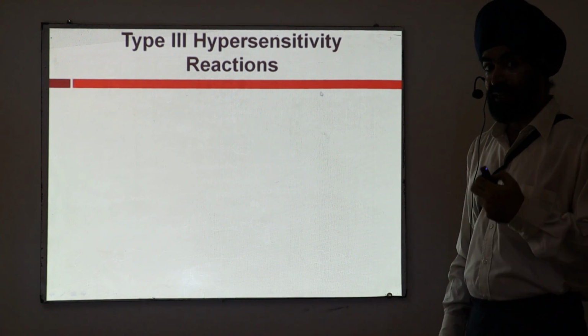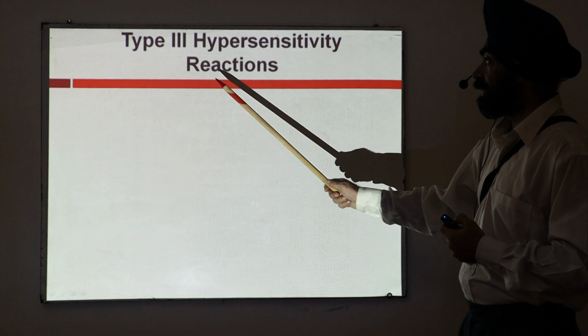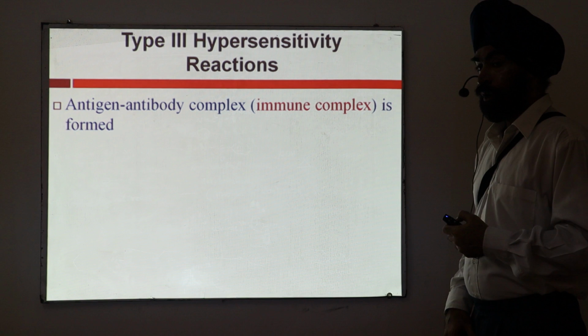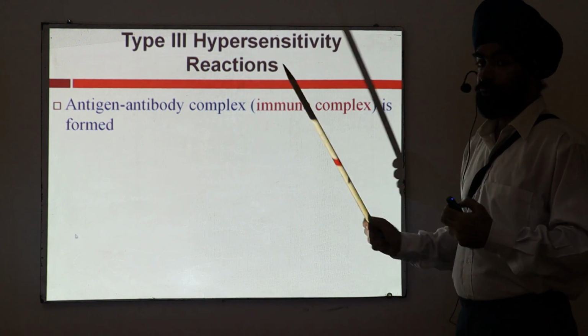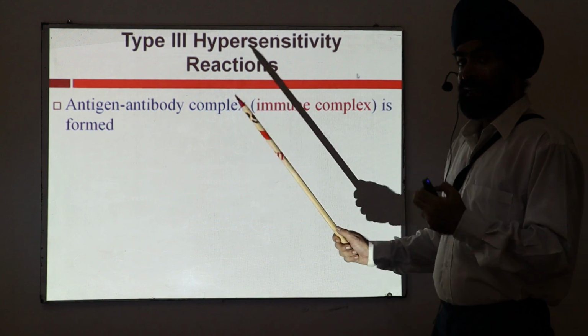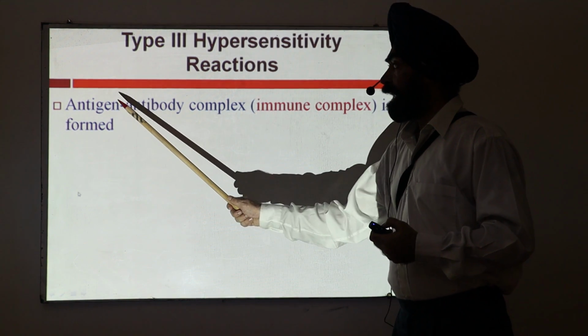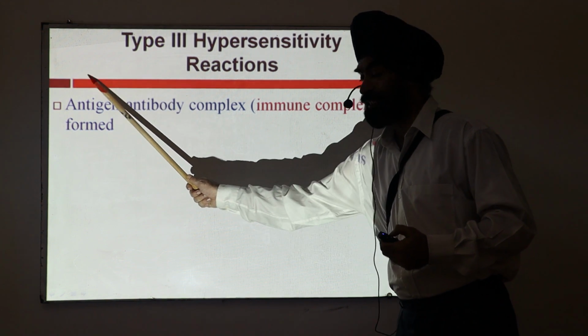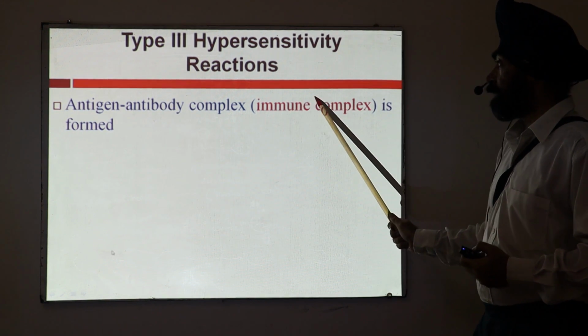Now I am discussing a very important hypersensitivity reaction, which is called type 3 hypersensitivity. So what is the typical feature of this one? You underline this: in type 3, there is formation of antigen-antibody complex. This complex is called an immune complex.